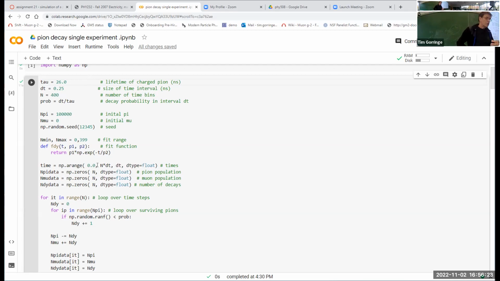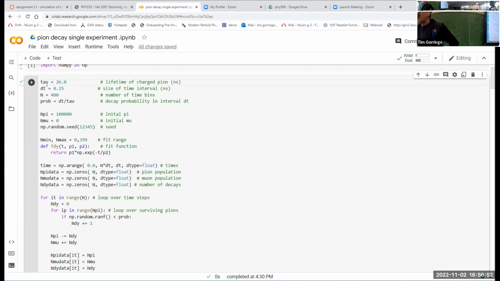We're going to do the same sort of thing, but this time what we're also going to record is not just the number of pions and muons as a function of time, but the number of decays as a function of time, because it's the decays that our detectors will observe. It's the decays that our detectors will register. And so it's the decay curve we'll build. So that's one little difference.